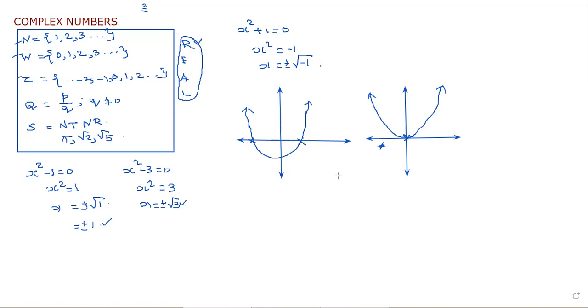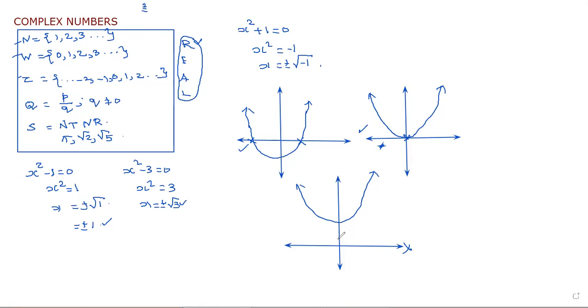But in some other cases, the curve is above the x-axis. See, solving means you are finding the value of x. Graphically, you can see the curve does not touch the x-axis, so it does not have any real solutions.